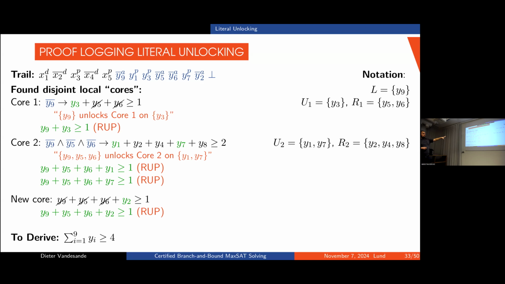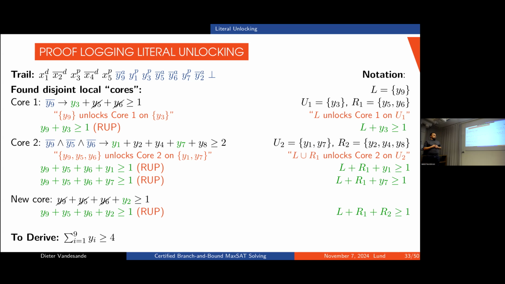And for every core, I will divide the literals in this core into 2 sets. One set, the U set, has the literals that were propagated. And the R set, the rest set, is the set of literals that are assigned false in our search. So we say that L unlocks core 1 on U1, and L together with R1 unlocks core 2 on U2.